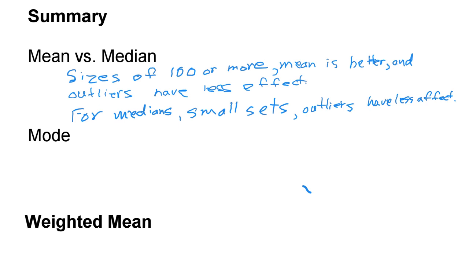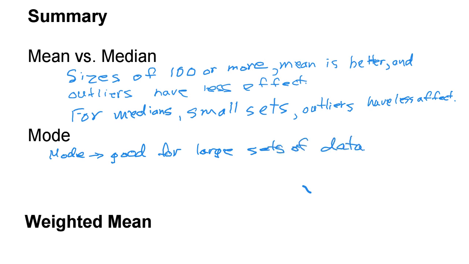Now, let's talk about the mode. The mode is only good for large sets of data. Take, for example, the height of all women, or the height of all men.